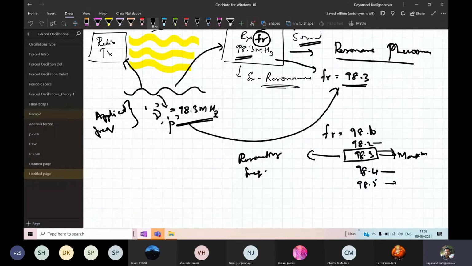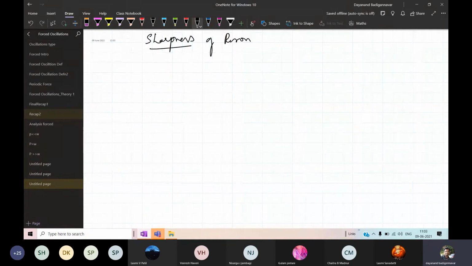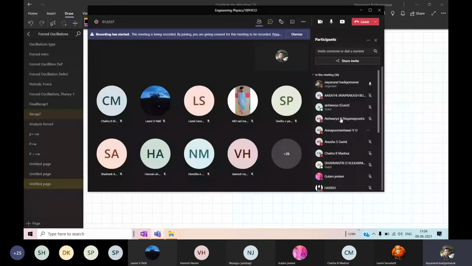Now go for the last topic of this session, of this module, that is called as sharpness of resonance.